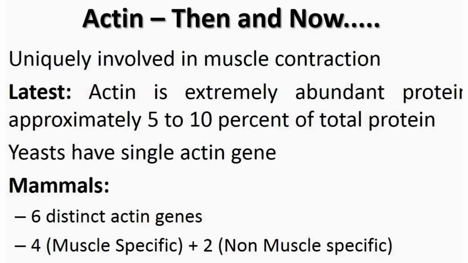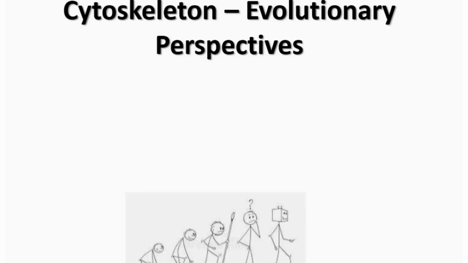Even the cytoskeleton has a strong evolutionary perspective. There is an evolutionary aspect to cytoskeleton. In fact, when you talk about evolutionary perspective, we take account of yeast actin. In case of yeast, 90% similarity exists in terms of the amino acid sequence to mammalian actin.